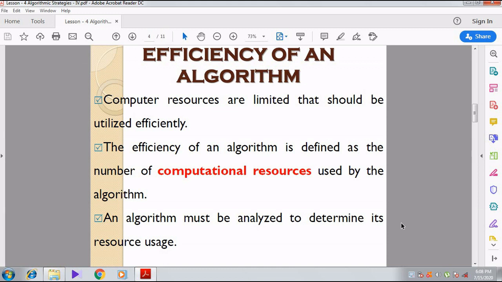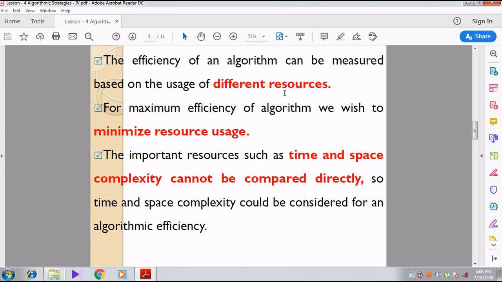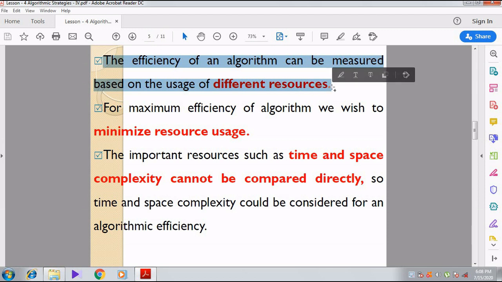So the algorithm should be used and executed in a correct and efficient manner. The efficiency of an algorithm can be measured based on the usage of different resources. Again, they are trying to convey the same thing. You can use different kinds of resources, whether it is a scanner, printer, keyboard, mouse, monitor, or memory, it may be 500 GB or whatever.